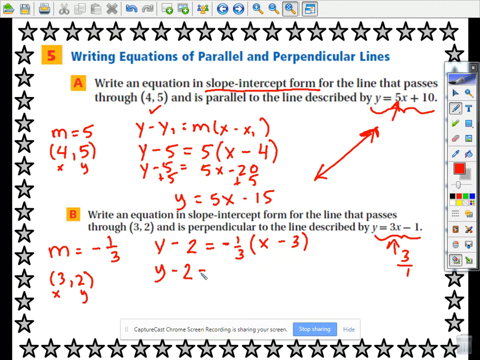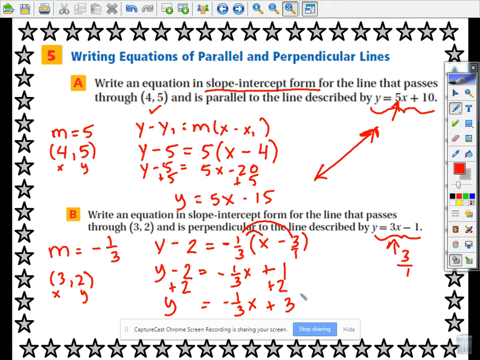So if we're going to distribute negative 1/3, I would have negative 1/3 x. Now here's a negative times a negative, this next part. So that's going to be a positive. And 1/3 times 3, or 3 over 1, just gives me a positive 1. And my last step is to add 2. So my equation is y equals negative 1/3 x plus 3.